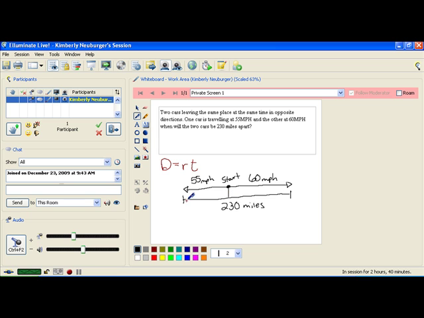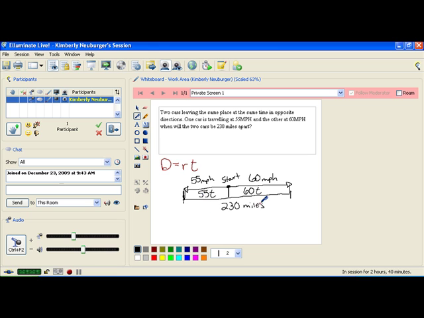The distance for this car here will then be the rate, 55 miles per hour, times how long it has driven, which would be 55t. Similarly, the distance for this other car here is going to be its rate of 60 miles per hour times t, and t is the same for both cars because they left at the same exact time.